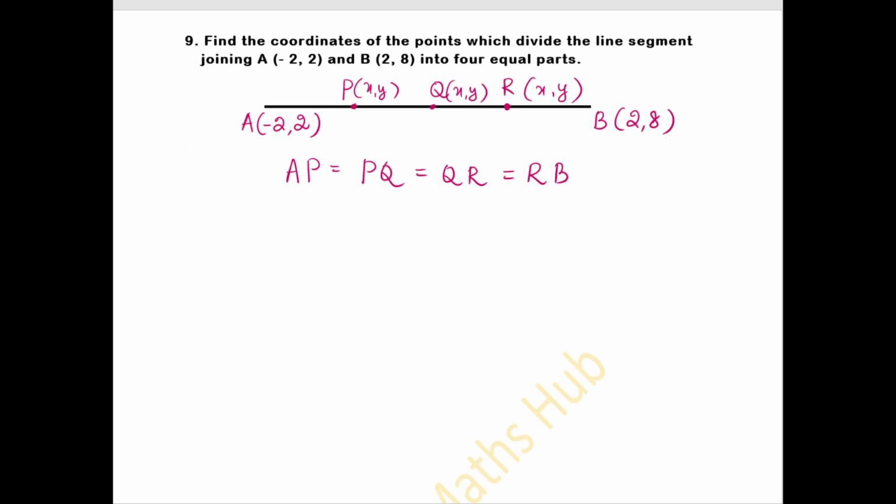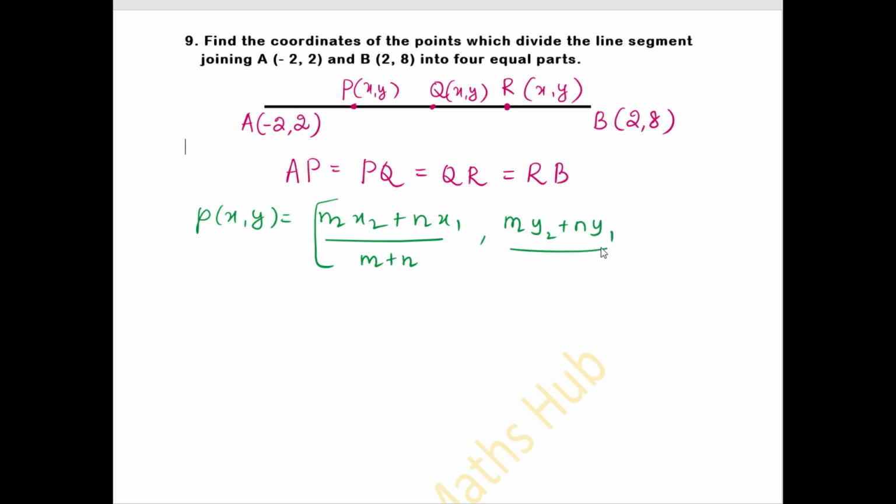Now what is the section formula? The section formula P of x comma y equals (mx2 plus nx1) divided by (m plus n), whole divided by (my2 plus ny1) divided by (m plus n).